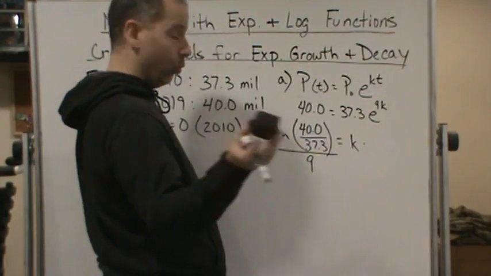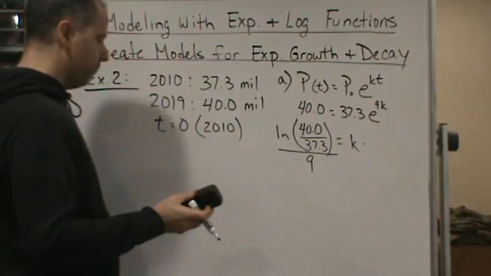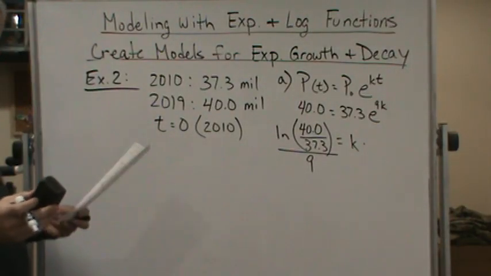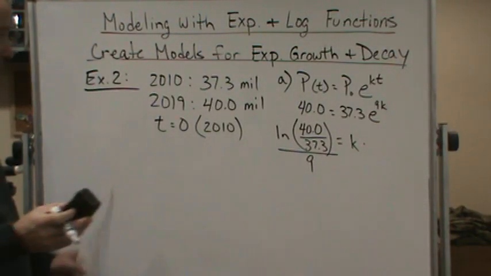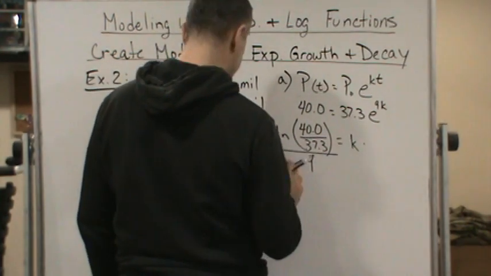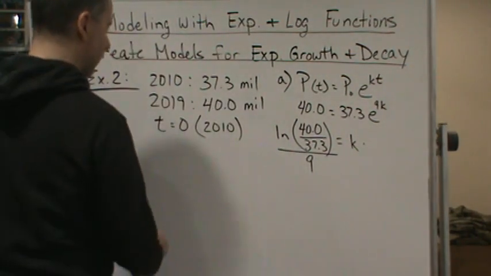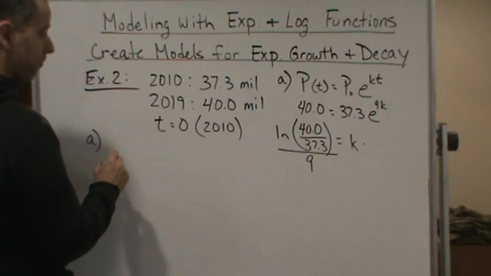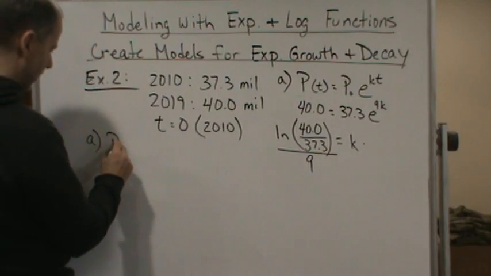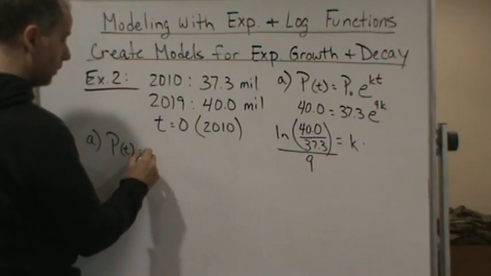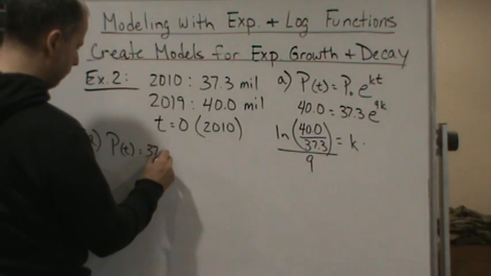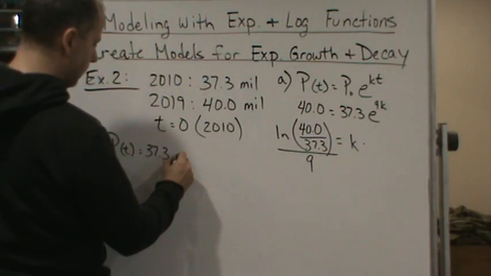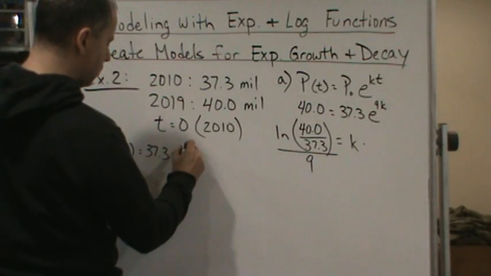We can approximate k if we want, or we can just stick this into our final answer, okay? Depends on what the problem wants us to do. So here's what I will do. Let's write it down here. So A, let's write A over here. So the answer to A is going to be what? P of t is equal to 37.3 times e raised to the what?